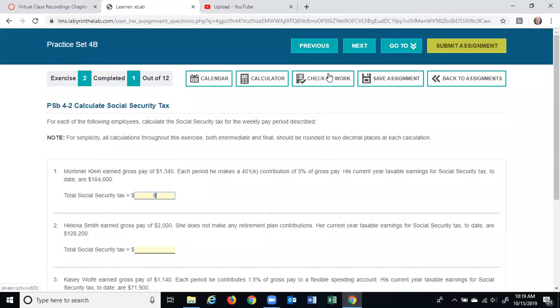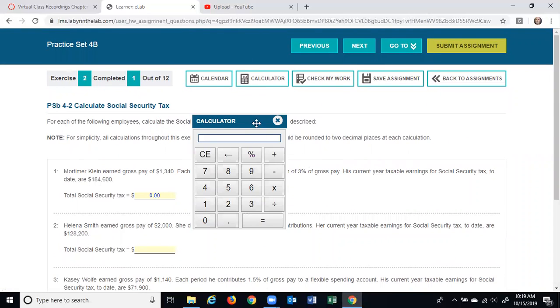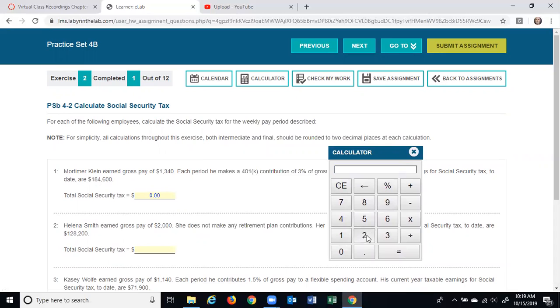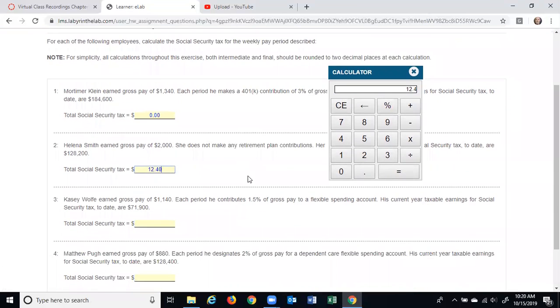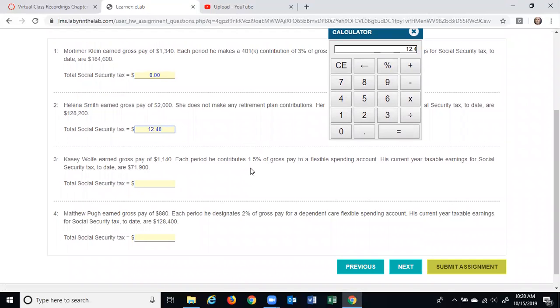So let's pull the calculator down here. It's only going to be $200 times 0.062. Then she's going to pay $12.40. After that, if she gets a $2,000 paycheck consistently, there won't be any more Social Security to pay.